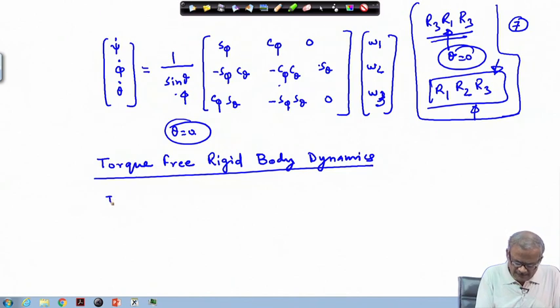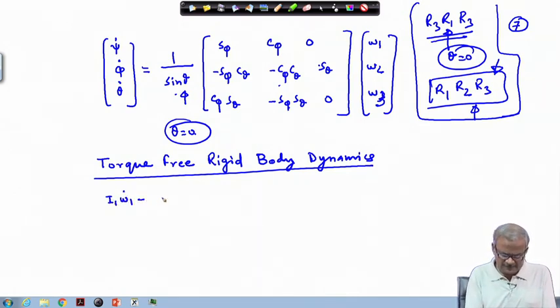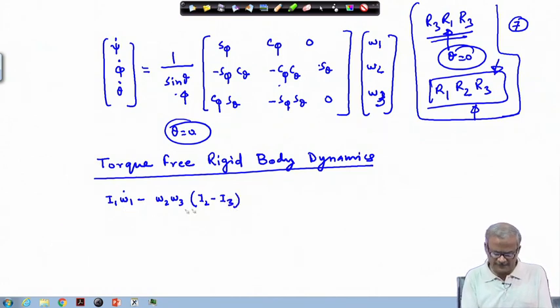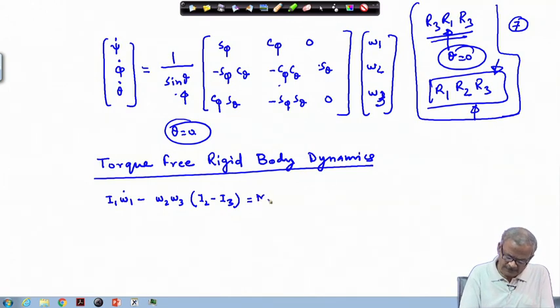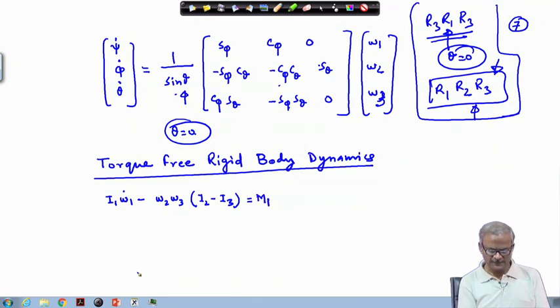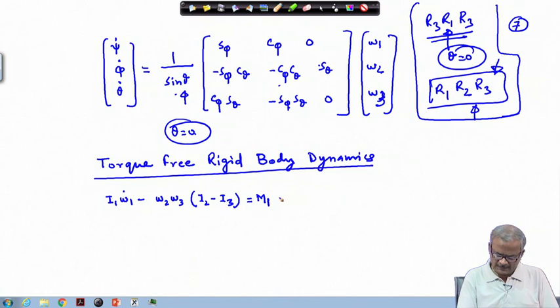Euler's equation we have written as I1 times omega 1 dot minus omega 2 times omega 3 times (I2 minus I3). We are writing in a circular way, as I have told you earlier. This will equal the torque acting on the system, either we show it by T or M. Perhaps I have used the notation M, so I will write here M is the moment, and this quantity will be 0.